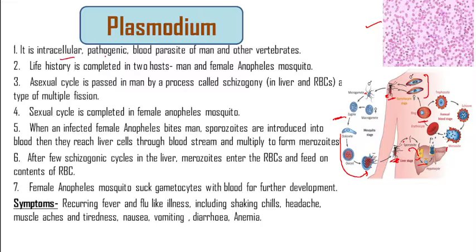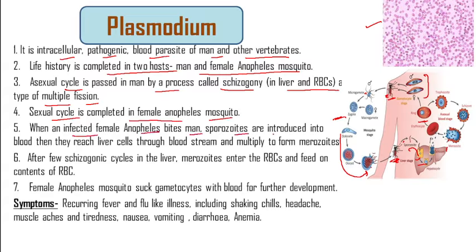It is an intracellular, pathogenic blood parasite of man and other vertebrates. The life history is completed in two hosts, man and the female Anopheles mosquito. The asexual cycle is passed in man by a process called schizogony in the liver and RBCs, which is a type of multiple fission. The sexual cycle is completed in the female Anopheles mosquito. When an infected female Anopheles bites man, sporozoites are introduced into the blood. Then they reach liver cells through the bloodstream and multiply to form merozoites.